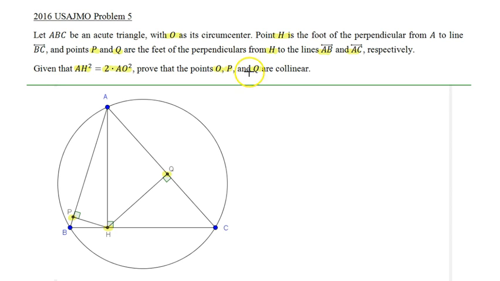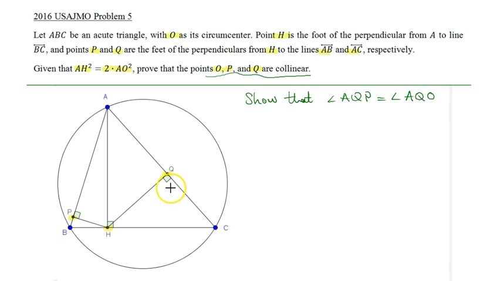So the way I will be proving this result, to show that O, P, Q are collinear, I would like to show that this is equivalent to saying that angle AQP is equal to angle AQO.